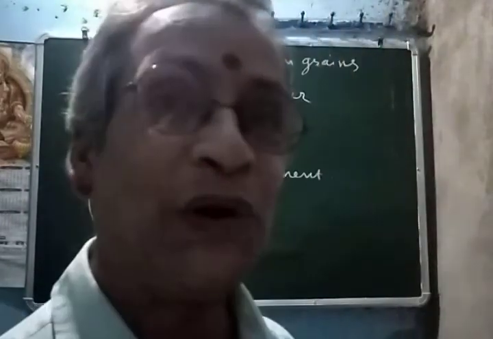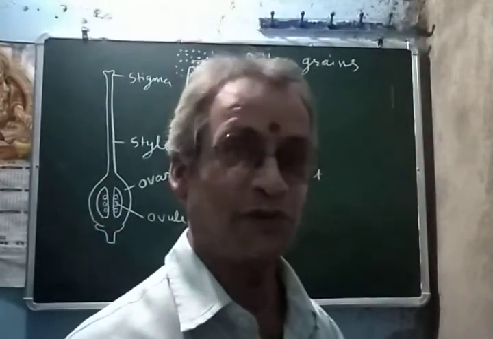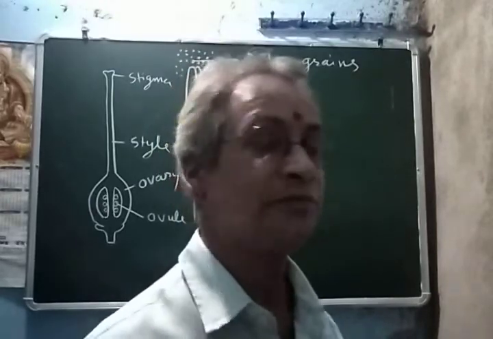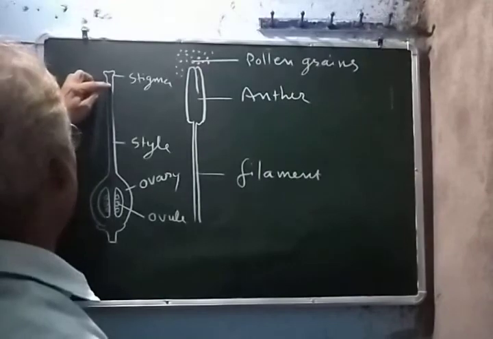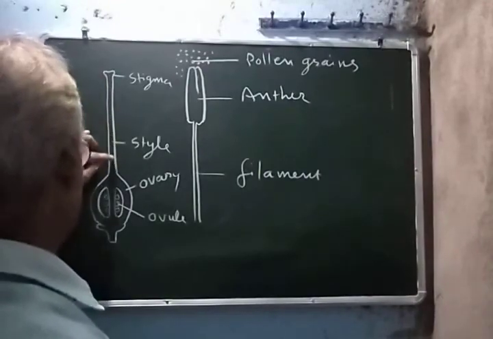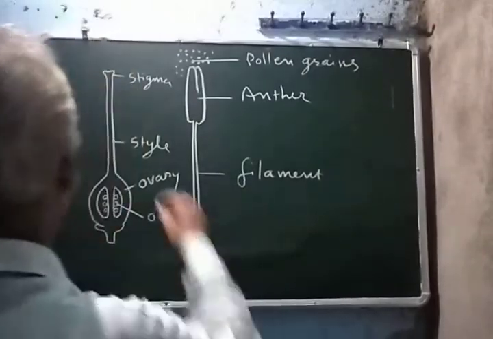The male gamete of the microspore or pollen grain enters the ovary through the style.